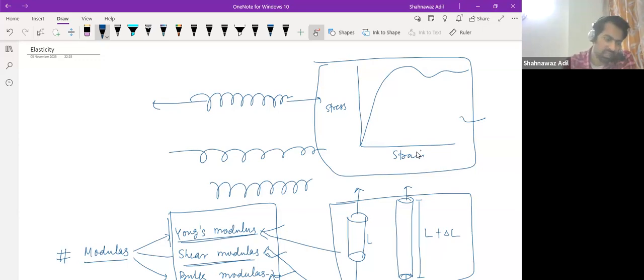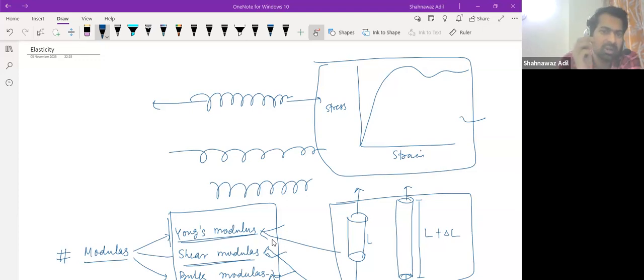Fluid is going to come for 20 marks, so that is also short. 20 marks for fluid and 10 marks for solid. System of particles is the biggest chapter.